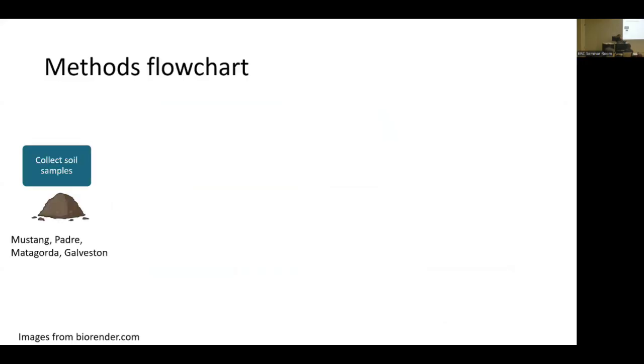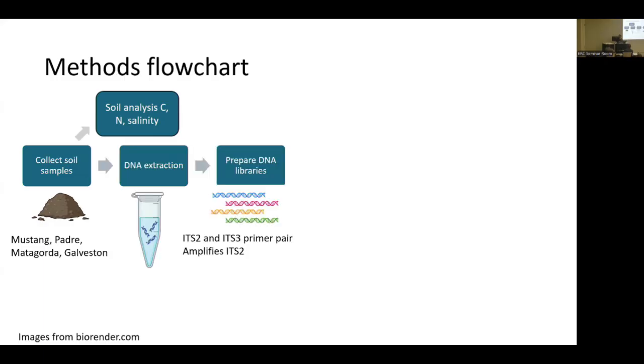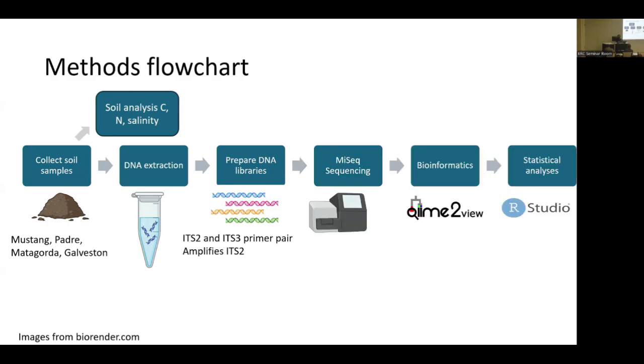And so our methods: we collected the soil samples, we sent them off for libraries to target specifically the ITS2 region of the fungi, and then sent it off for next generation sequencing, and then ran a bunch of analyses.